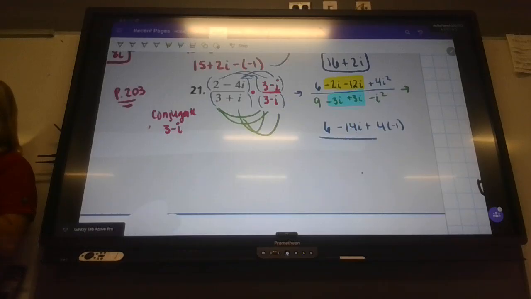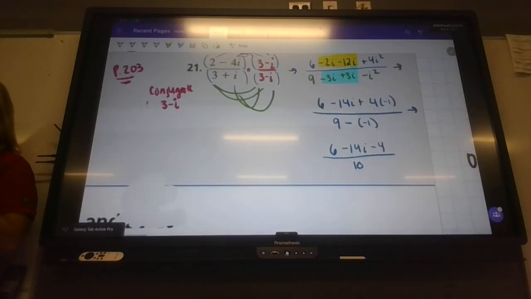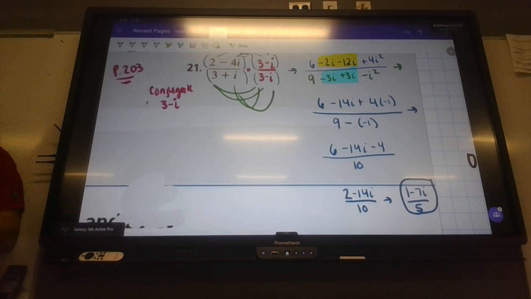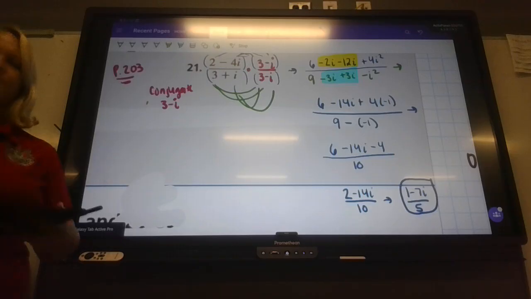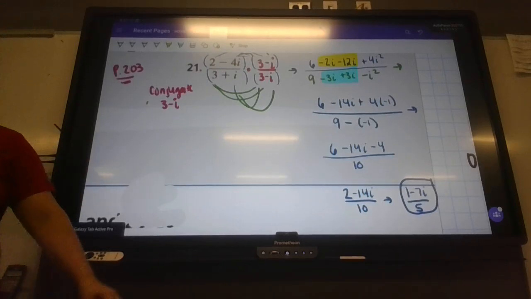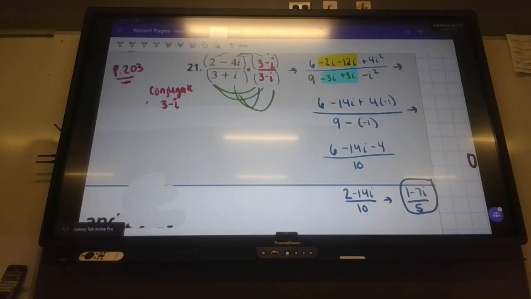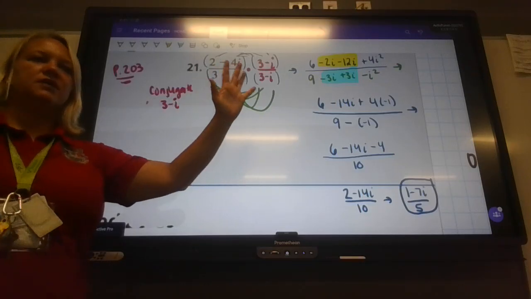Put a -1 in. That's your answer. But we started with an imaginary denominator and we ended up with a solid 5.